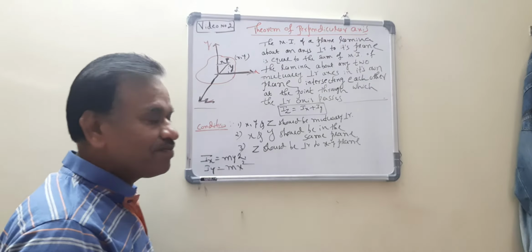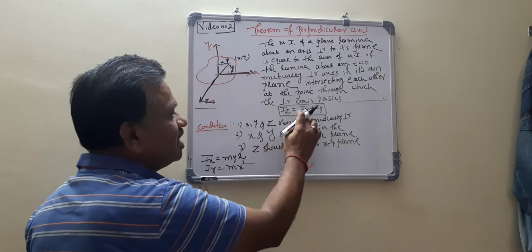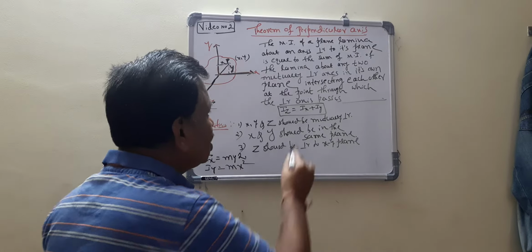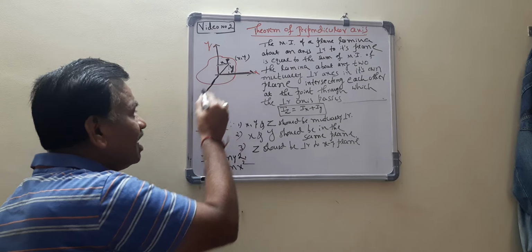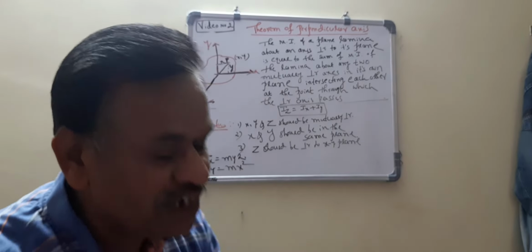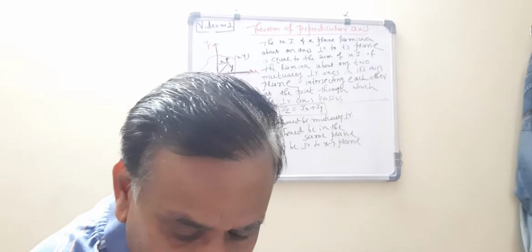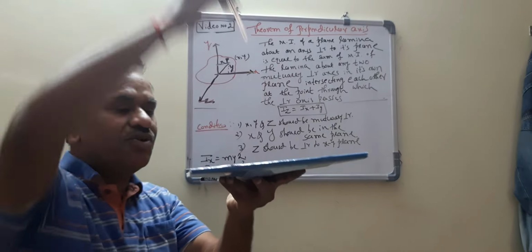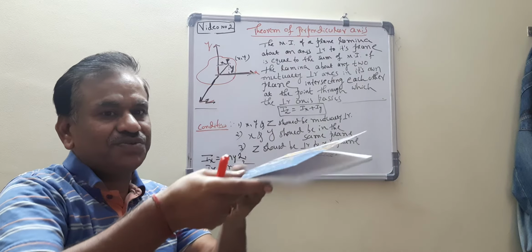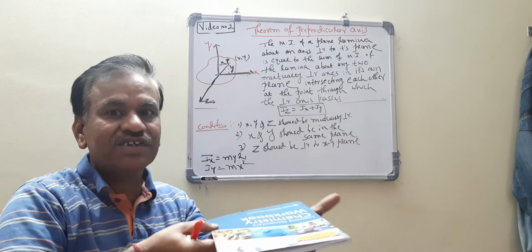Here, Iz equal to Ix plus Iy, I have written now. This is equivalent to the another axis Z, which is perpendicular to both X and Y. It is like this. Imagine, one axis, it is a whole area. Here, about this it rotates. I think we are able to understand.